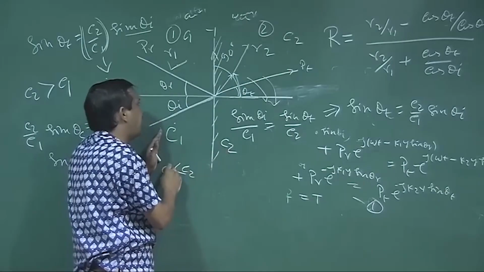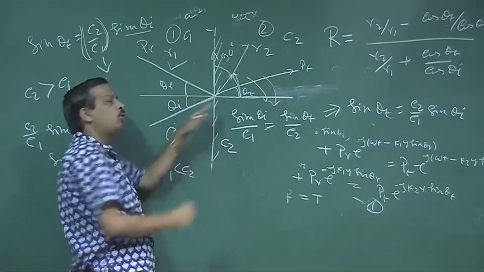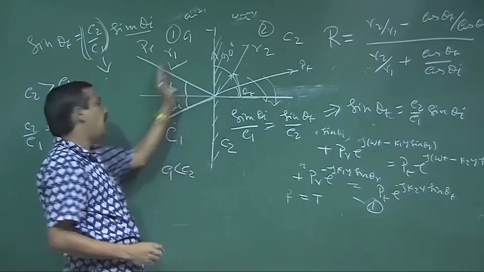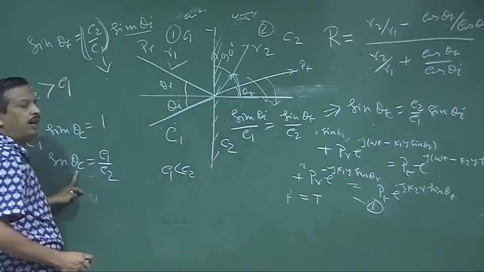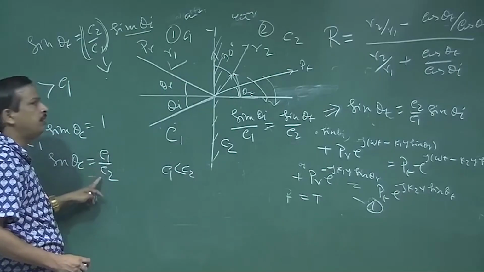In that case the angle of transmission will be away from the normal and the critical angle is defined by c1 by c2.